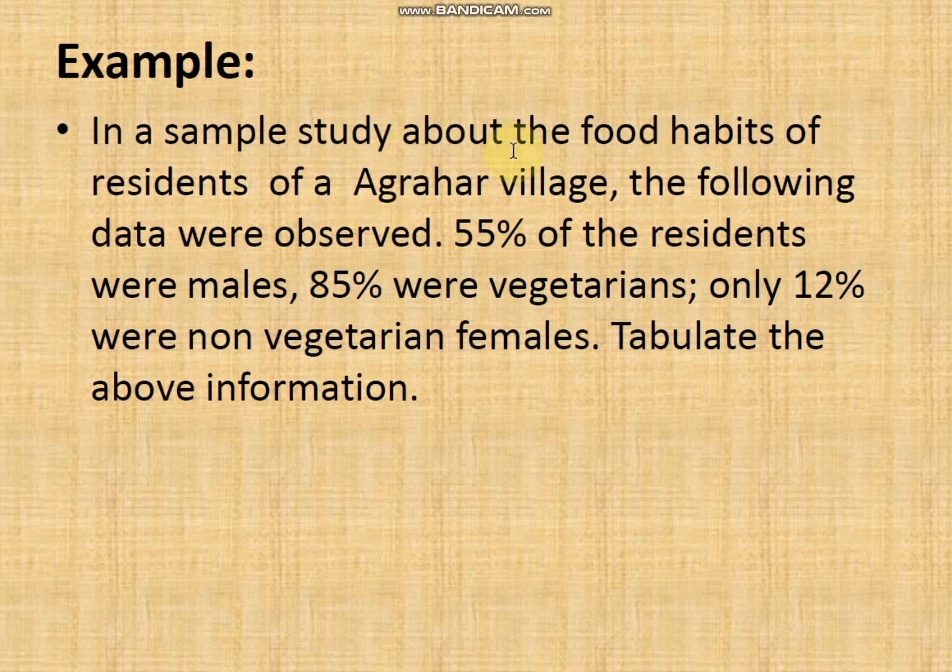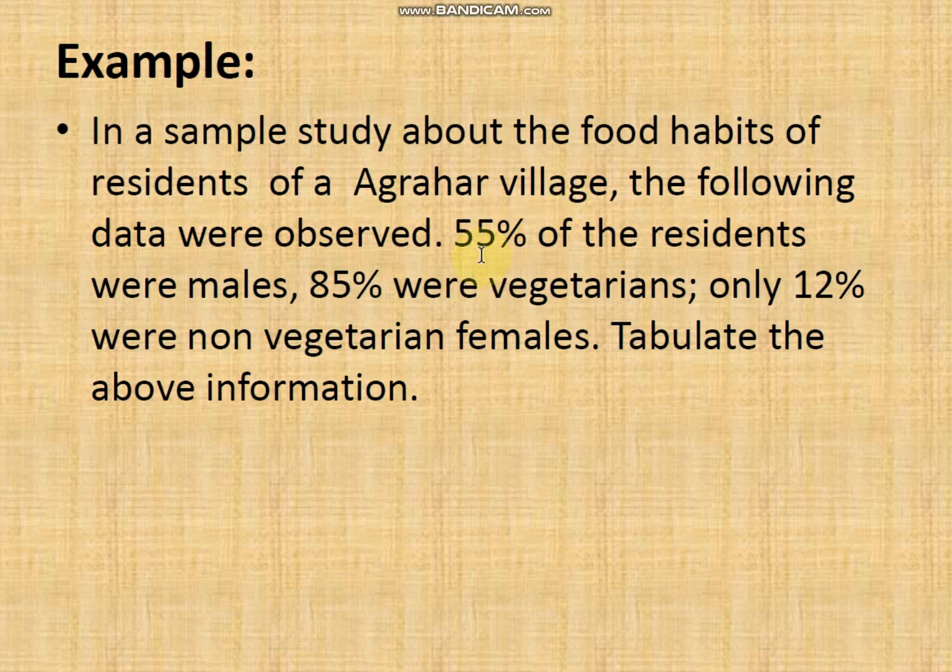In a sample study about food habits of residents of Agrahar village, the following data were observed. 55% of the residents were males, 85% were vegetarians, and only 12% were non-vegetarian females. Tabulate the above information. So when you have to construct the table with data points, firstly you have to make sure what the entities given here are.